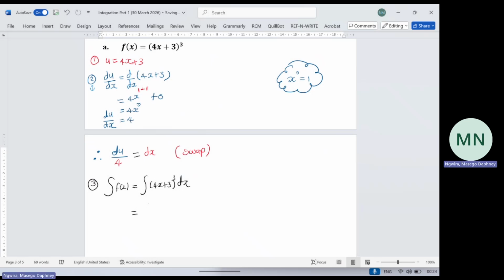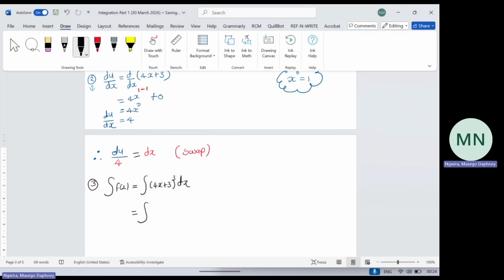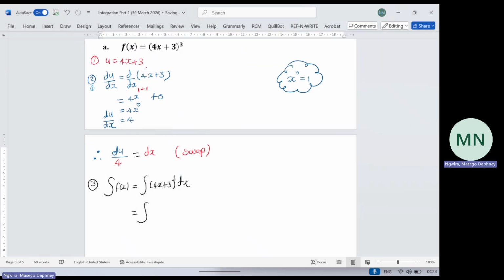Now we're going to substitute. We said 4x plus 3 is u. We're going to substitute this, starting with this one. So this will be u to the power of 3, because we said that.